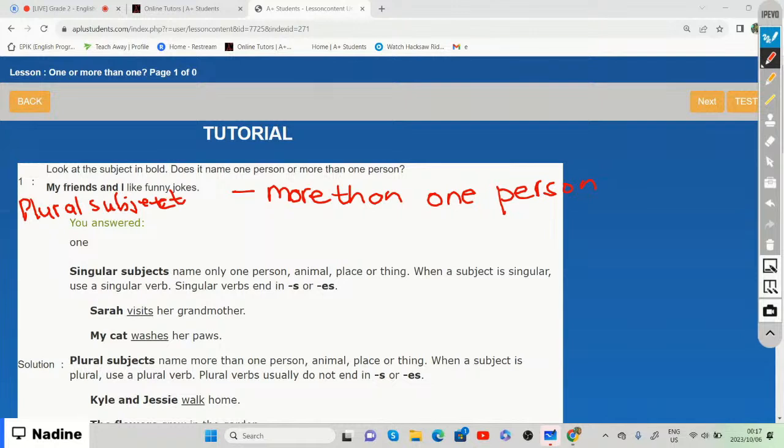It is making mention of more than one person. So it's a plural subject.